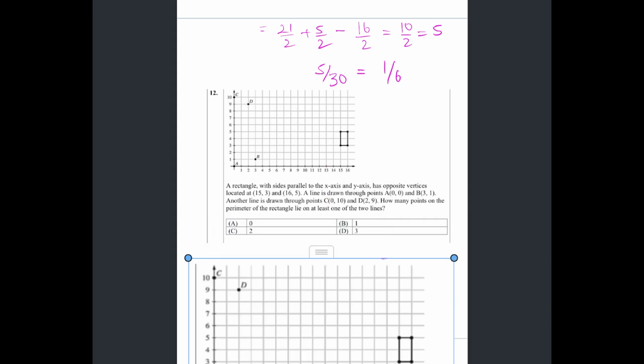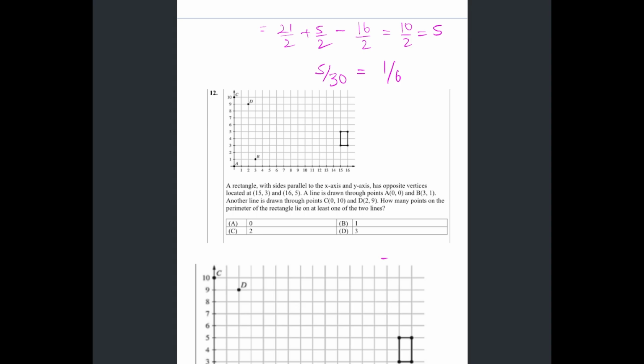Okay, so let's extend this line AB, right? For every 3 columns, 1 row is being covered, right?